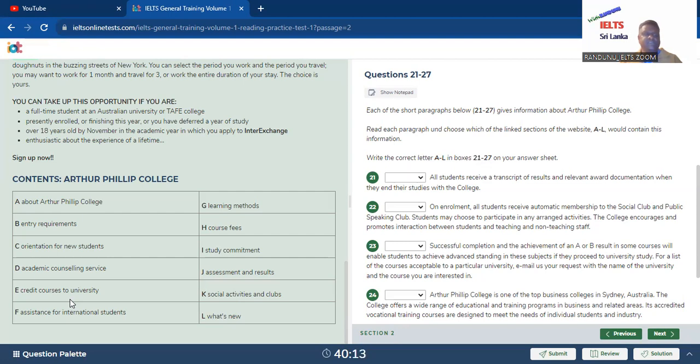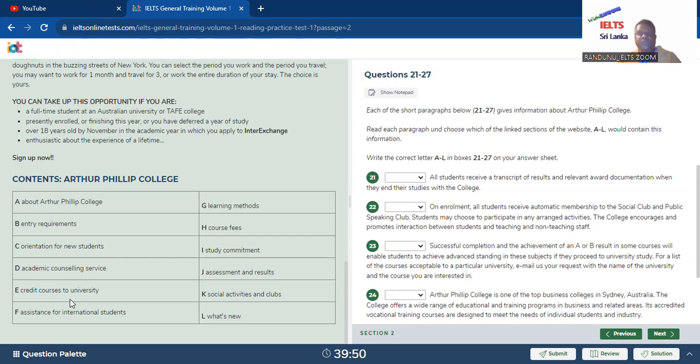F, assistance for international students. So in this university, there are local students as well as international students. For international students, what are the help facilities? G, learning methods. What are the methods that they are teaching you in this university? Learning methods or teaching methods, no? H, course fee.